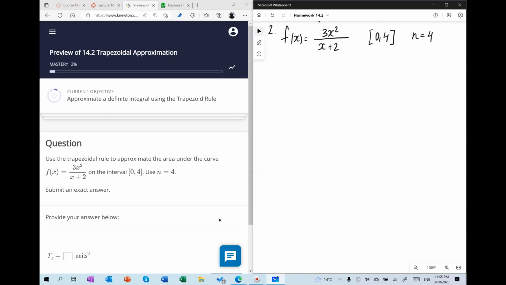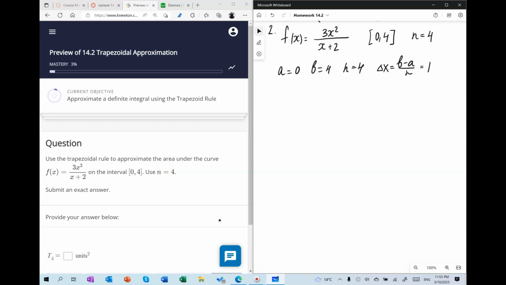We can just use any line just to understand the relations. And we're looking for T4, so A is equal to 0, B is equal to 4, N is 4, so delta x will be B minus A over N. It's also going to be 1.